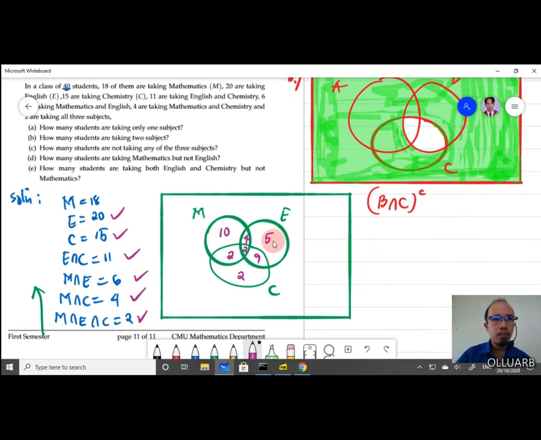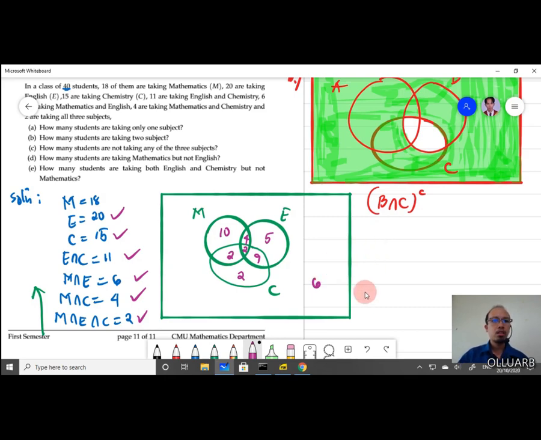So 10, 15, 17 plus 9, 26, 30, 34. 40 minus 34, we have 6 outside.